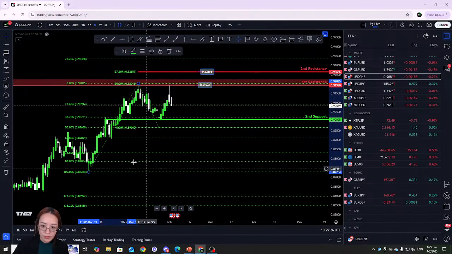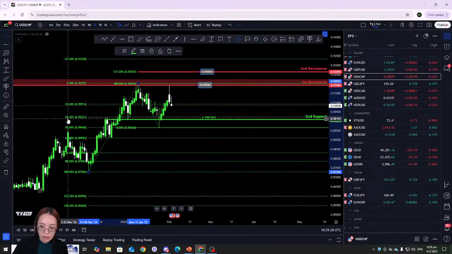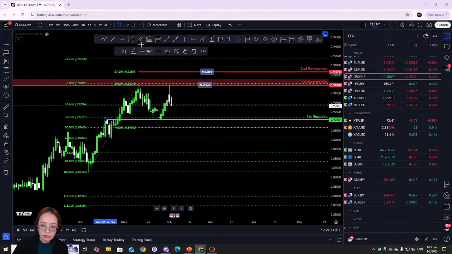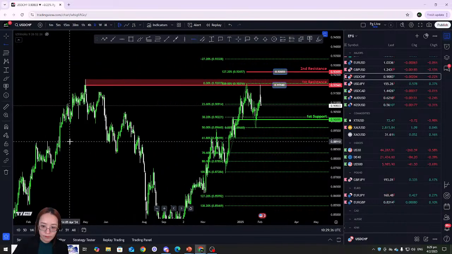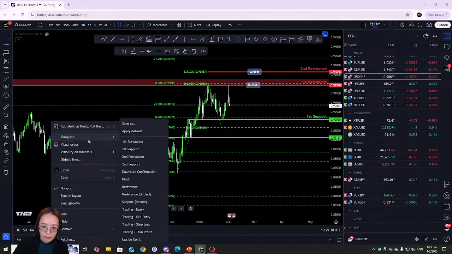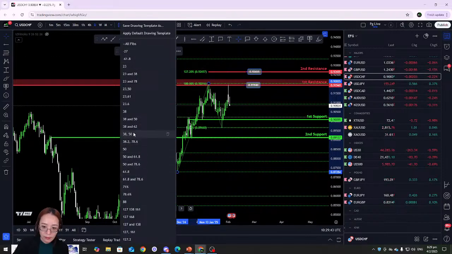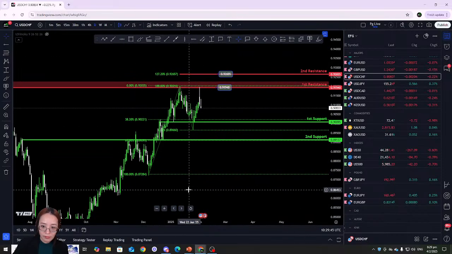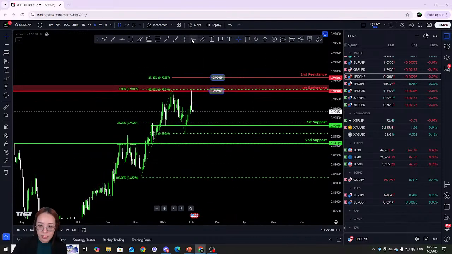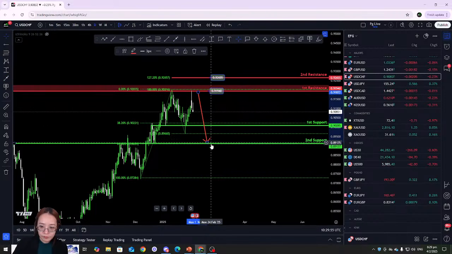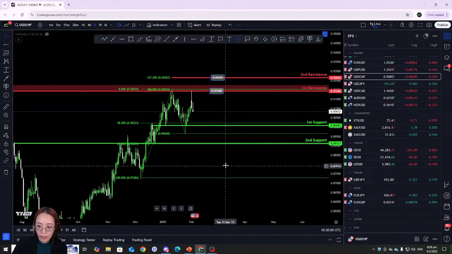You can see that my first support now we have 78.6%, and my second support I have 38.2 and 61.8. This is my level, meaning that if price breaks here, TP1 if you sell, TP2 from here you might see the bounce at the golden level, which is 61.8%.